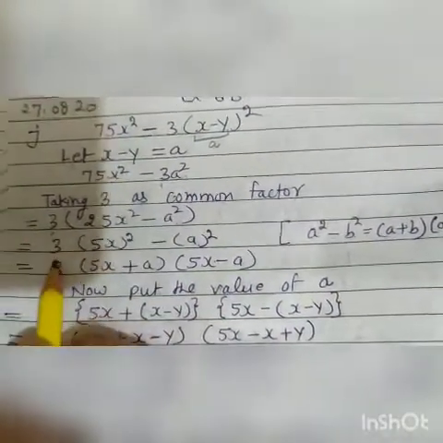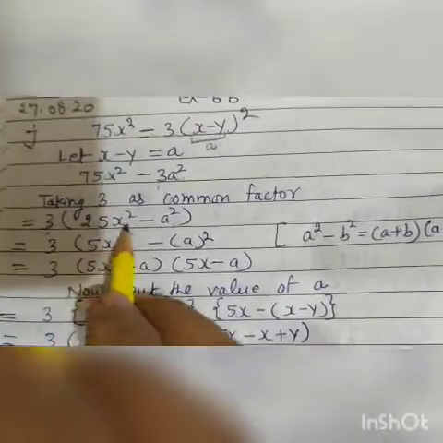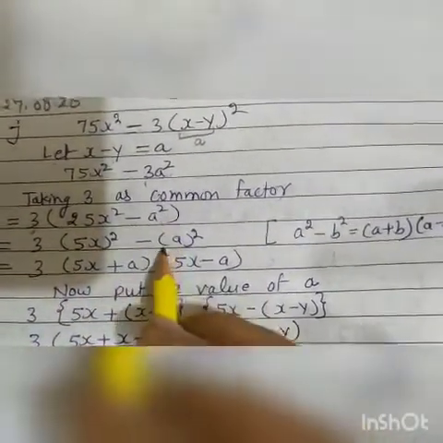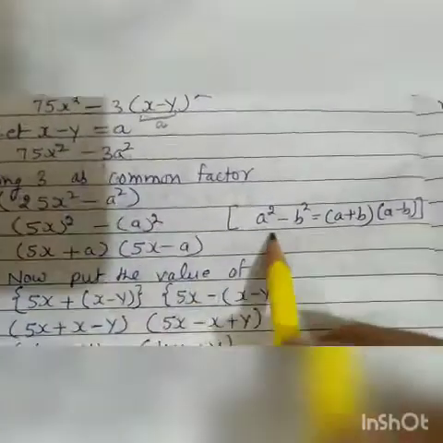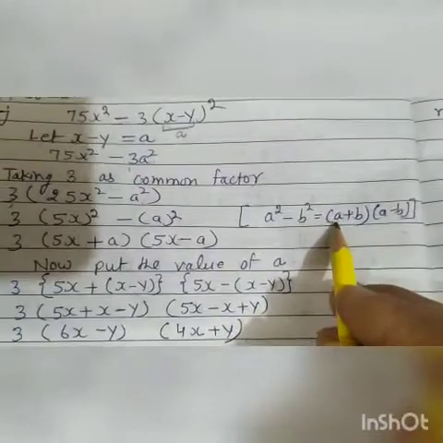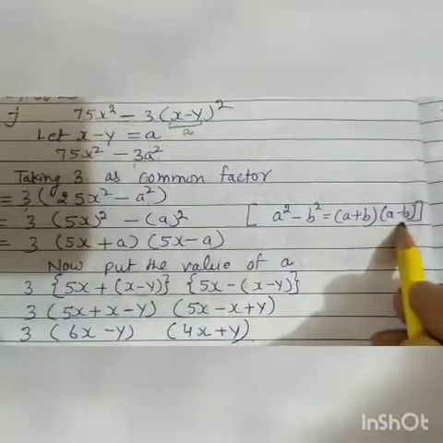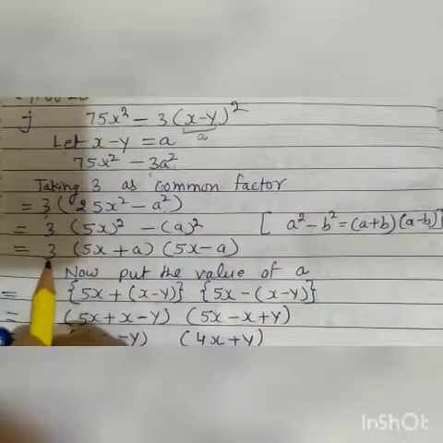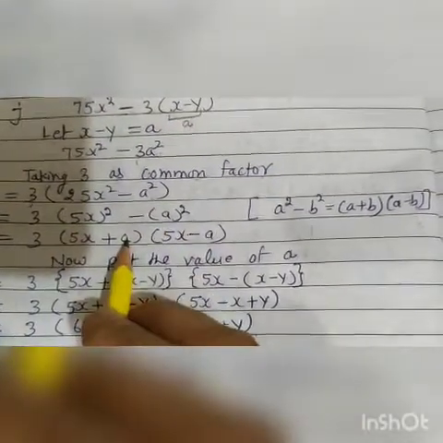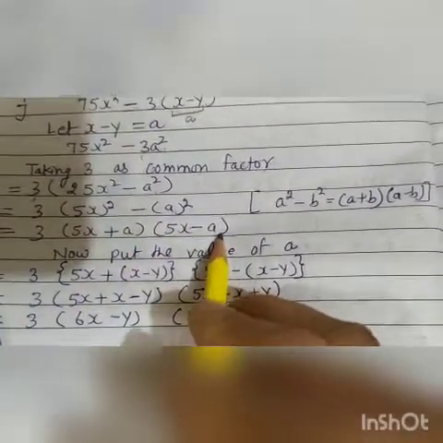Now 3 will be written as it is. This 25x square is the whole square of 5x, and a square is the whole square of a. Now we will use the identity a square minus b square is equal to a plus b into a minus b. So 3 will be written as it is, and this will become 5x plus a and 5x minus a.